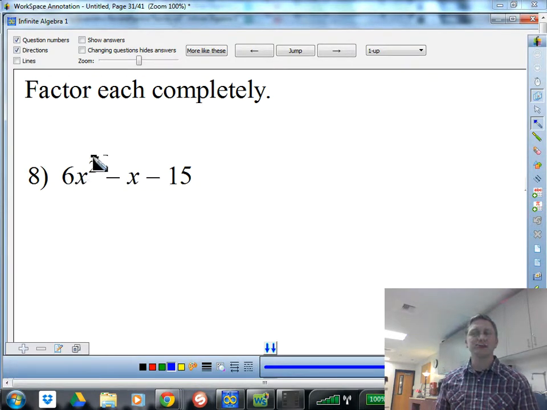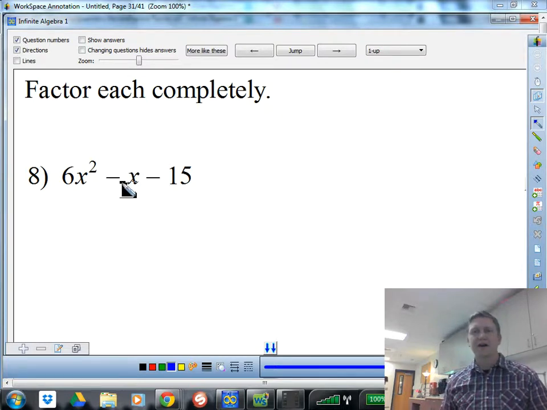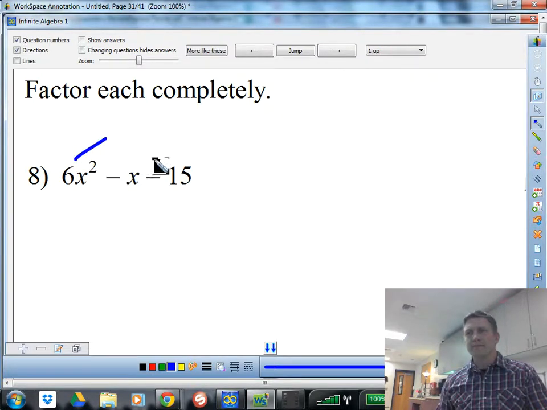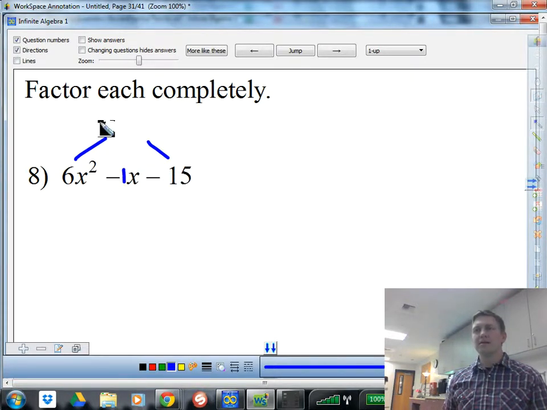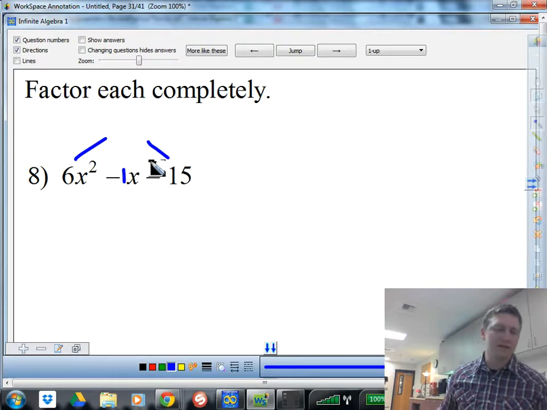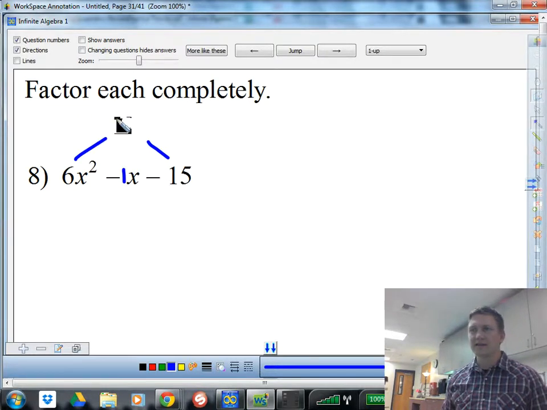We're going to take this and we're going to multiply this. First, check. Are there any greatest common factors that can come out of that? Nope. No, nothing you can divide out of each of these terms. Okay, this is actually a -1 right here. 6 times 15. What is 6 times 15 equals 90. 6 times 15 equals 90.